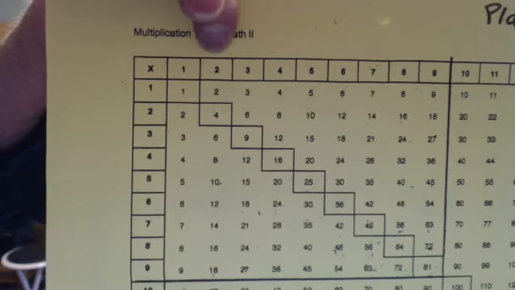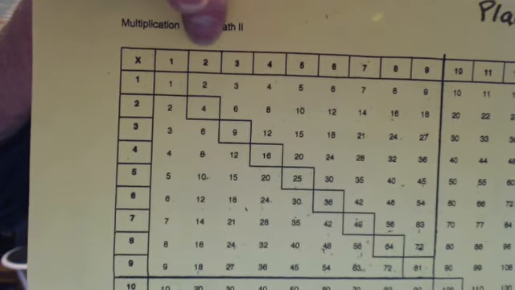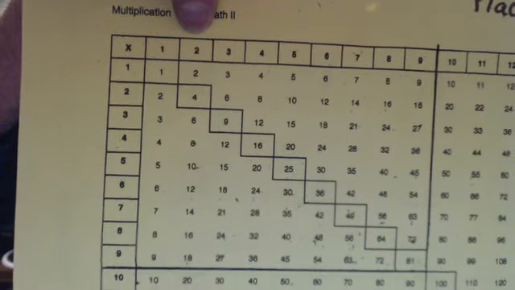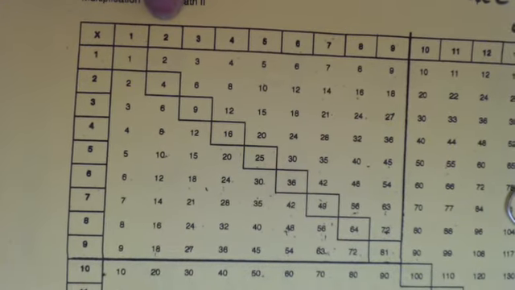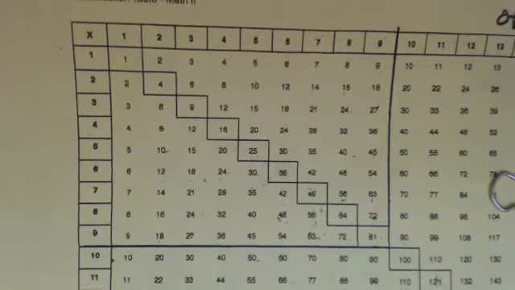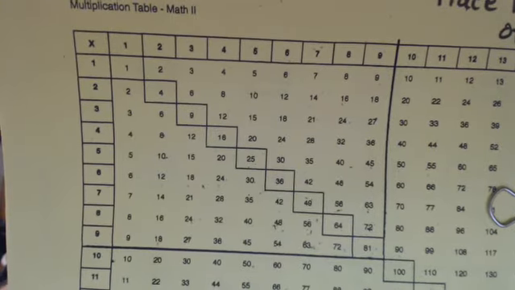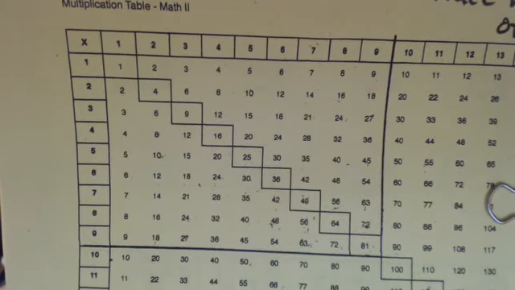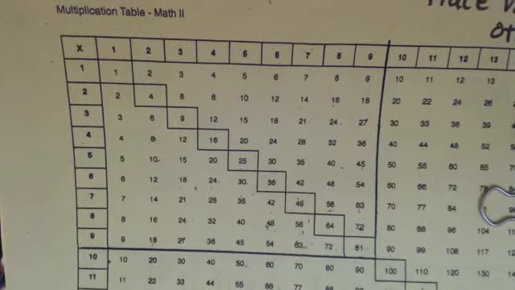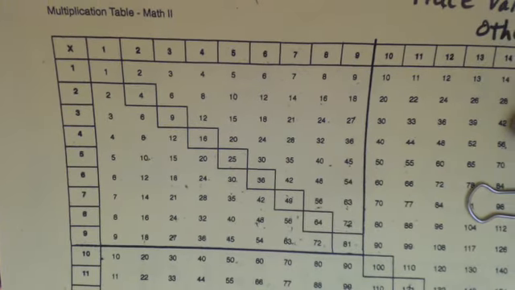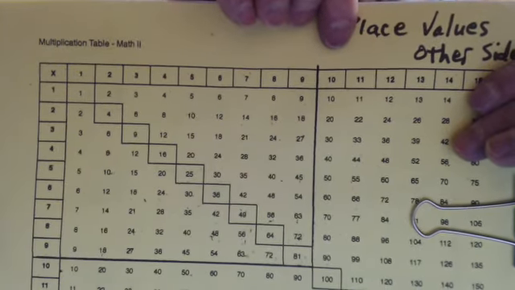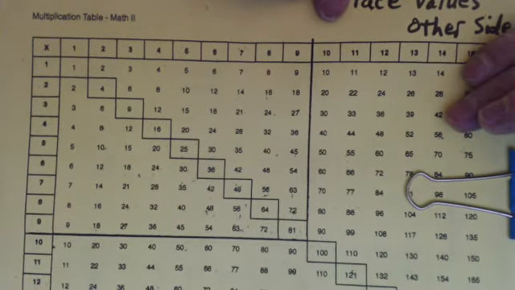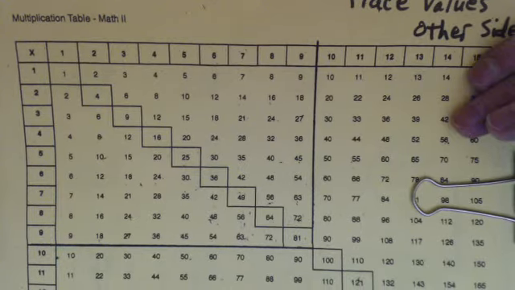Do you see 2? Let's go down. 2, 4, 6, 8, 10, all the way down to 20 there, outside that line. Okay, what about the 3s? 3, 6, 9, and so on. I got the 10s over on this side. Notice it goes 10, 20, 30, and all the way down.